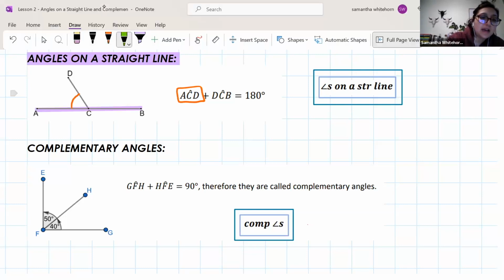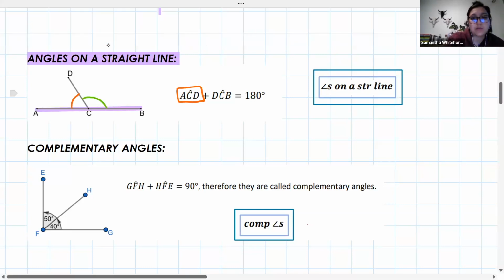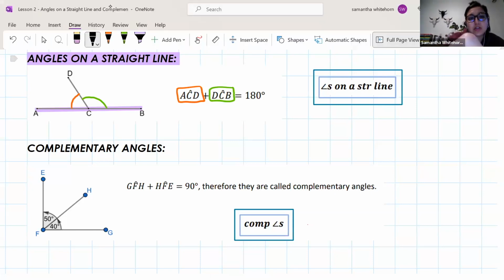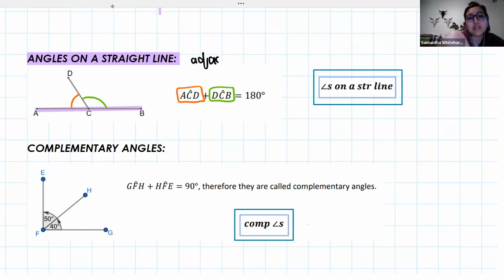And I've got the angle DCB, which I'm going to mark in green, right? Now, what this reason says to us is that if we've got adjacent angles on a straight line, now remember, adjacent means next to, they will add up to 180 degrees.